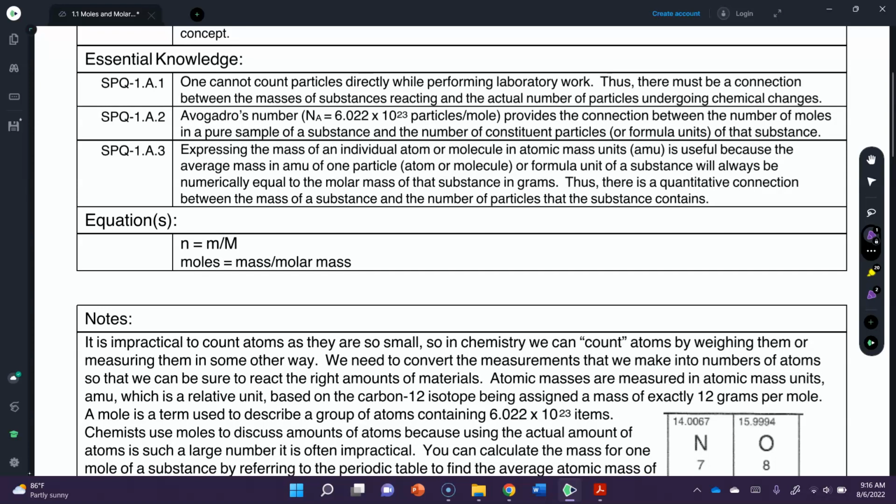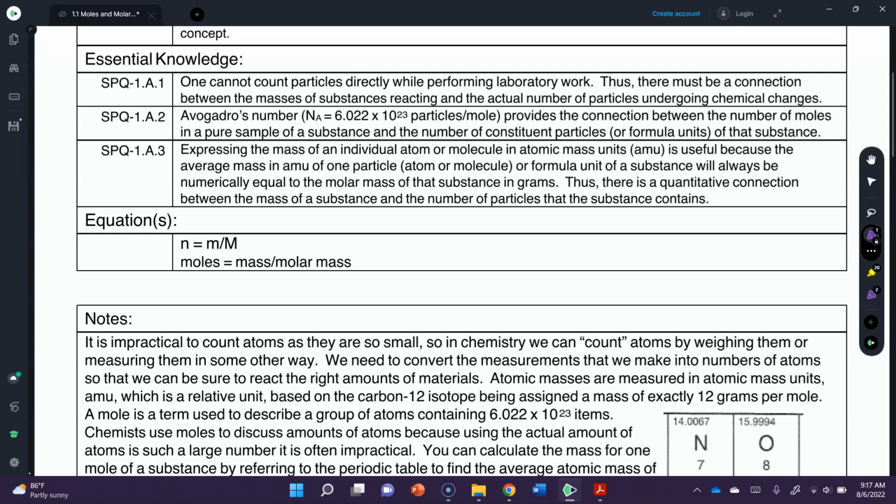Stating one cannot count particles directly while performing laboratory work, thus there must be a connection between masses of a substance reacting and the actual number of particles undergoing chemical changes. Also, Avogadro's number provides the connection between number of moles in a pure sample of a substance and the number of constituent particles, or formula units of that substance.